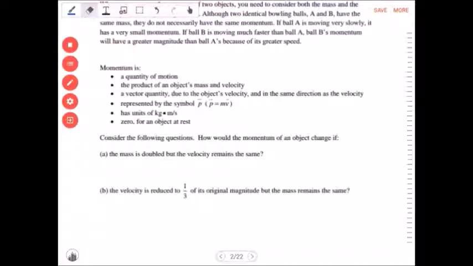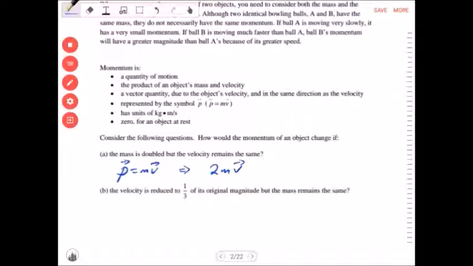I want you to consider the following questions. How would the momentum of an object change if we double the mass, but the velocity stays the same? Let's write this down. P equals mv. Now, if I take the mass and double it, I'm going to end up with 2m times v.